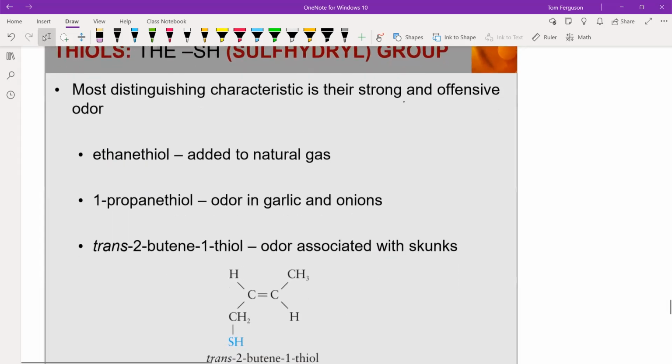Now, what we didn't talk about last time: because on the periodic table, sulfur is underneath oxygen, you can also get thiols, which is an alcohol only, instead of oxygen, it's using sulfur. These are also important biologically.